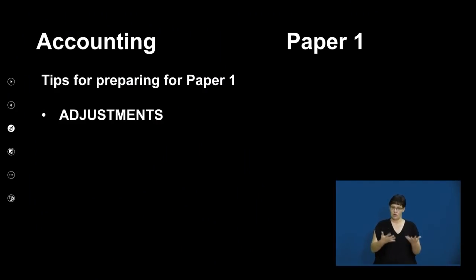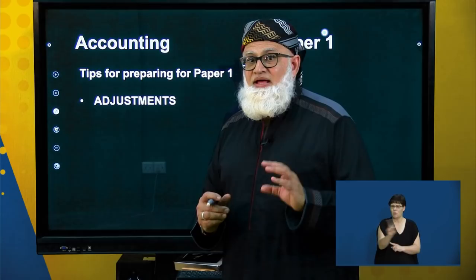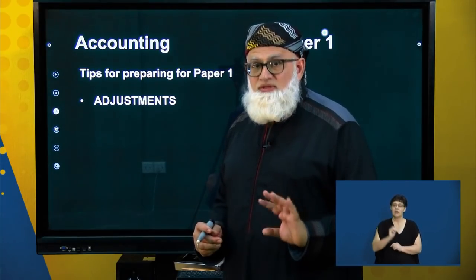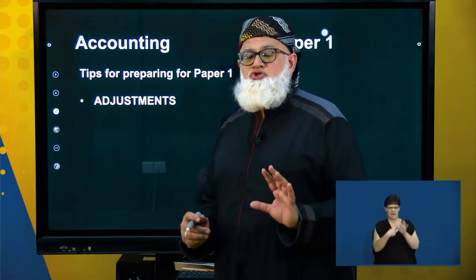Right, now it comes to adjustments. Remember, I've always spoken about the big 5. And I'm not referring to the elephant and all its friends. So when it comes to your adjustments, what is important for you to remember is that you're going to be dealing with the big 5, like I alluded to early on.